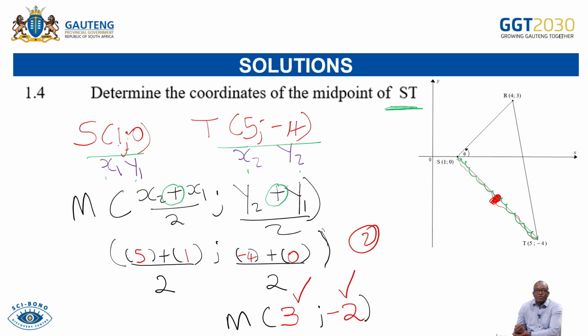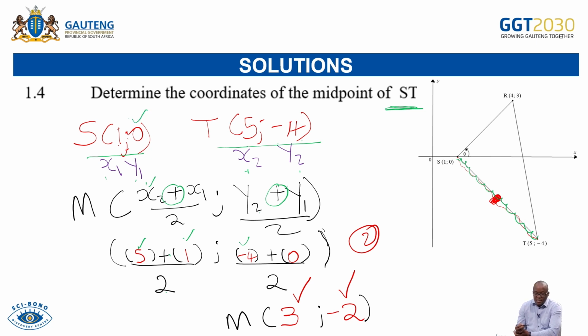However, let's do our substitution. Here x2 is indicated by 5, then x1 is indicated by 1. If you say 5 plus 1, you get 6, and 6 divided by 2 gives you 3. Then you go to the y value. y2 is -4, like I substituted there, and y1 is 0.